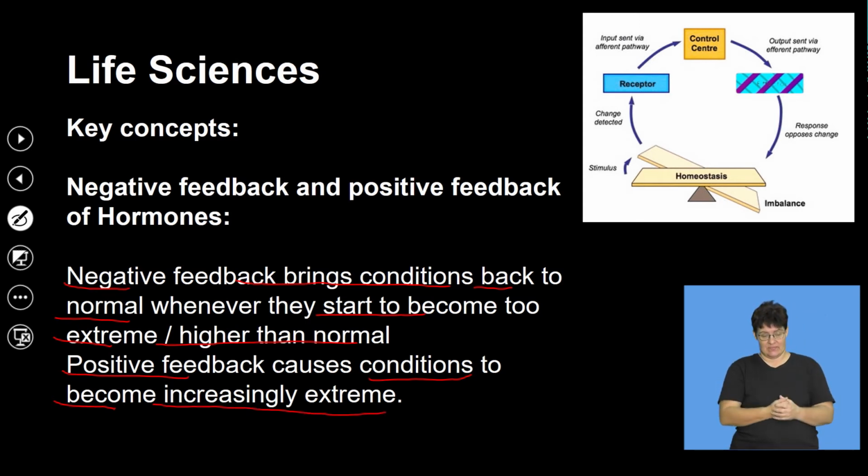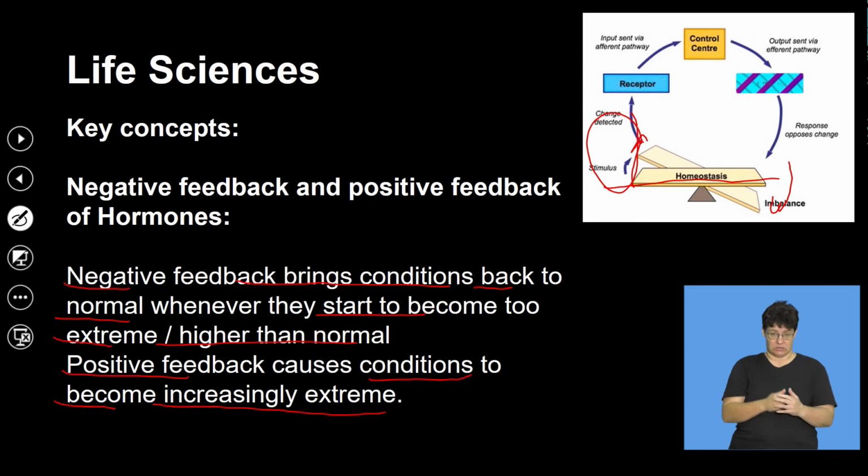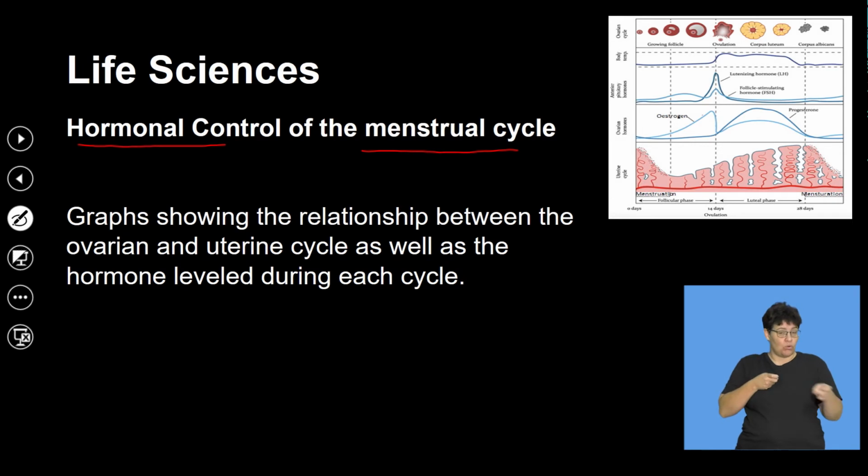So the mechanism around homeostasis is essentially two mechanisms either responding to an increase or responding to a decrease. The idea is to bring that balance back in the body, and that balance is homeostasis.